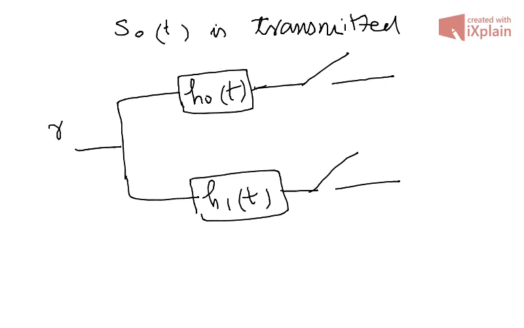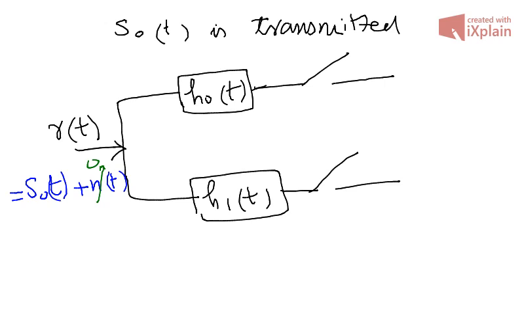We discussed this in my previous lecture, in the absence of noise. When S0 is transmitted, the received signal is S0 of t plus n of t. But we discussed the performance in the absence of noise, which means we assume n of t is 0, so the received signal is the same as the one you transmitted.